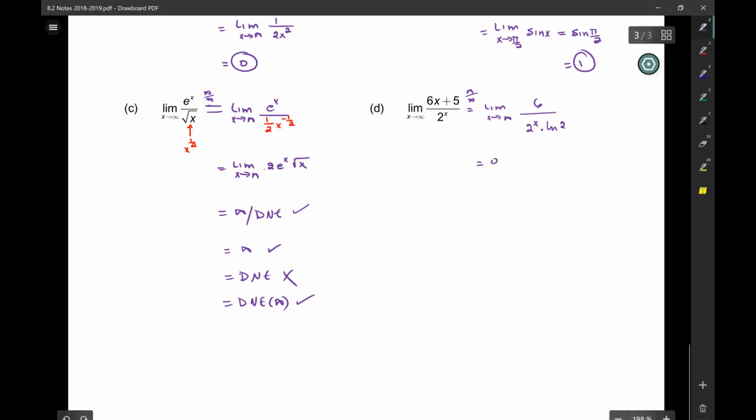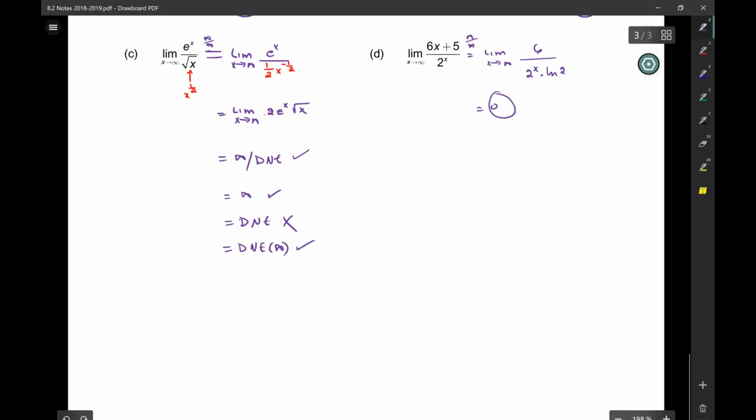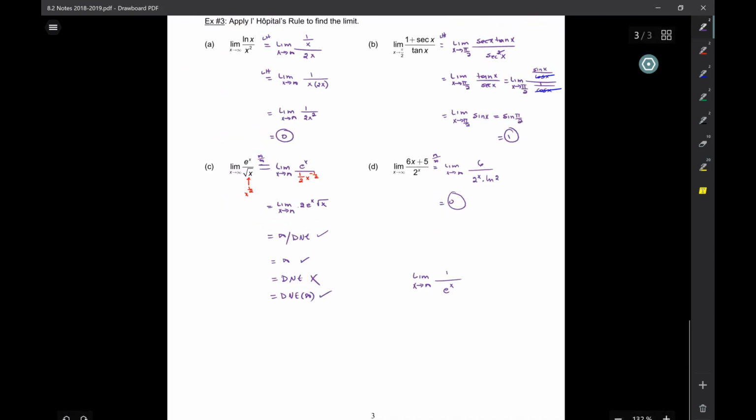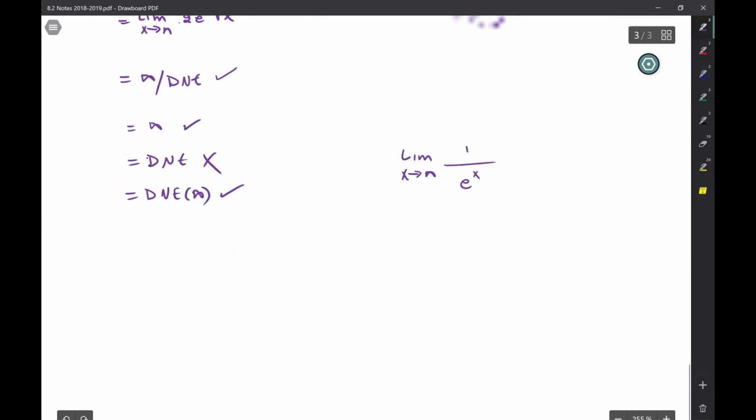I know I've said this before, but suppose you get to a point where you have the limit as x approaches infinity of 1 over e to the x. How much is this? 0. I never, ever want to see anybody plugging in the infinity.